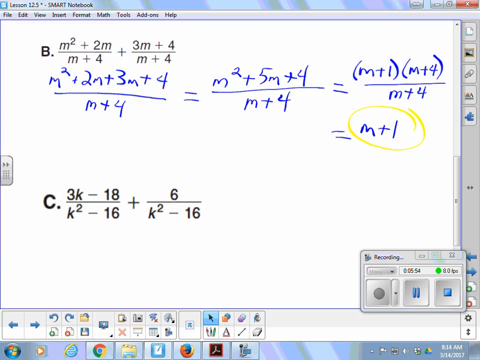Take out the 3, factor out the 3. Put a 3 and then your parentheses. What's left when you divide 3k minus 12 by 3? It's going to be k minus 4 in the parentheses.